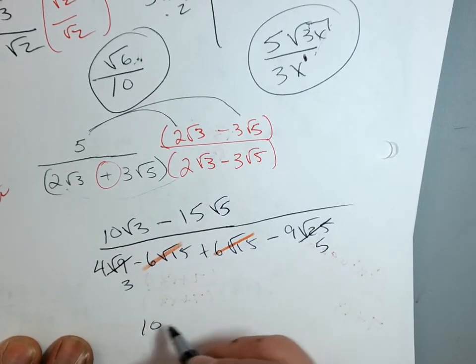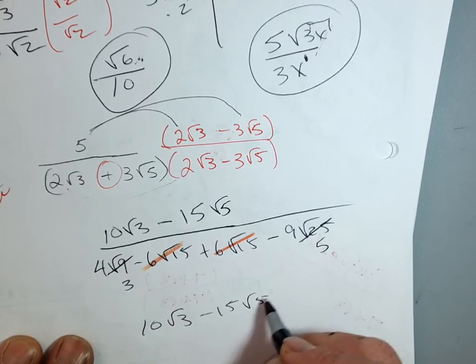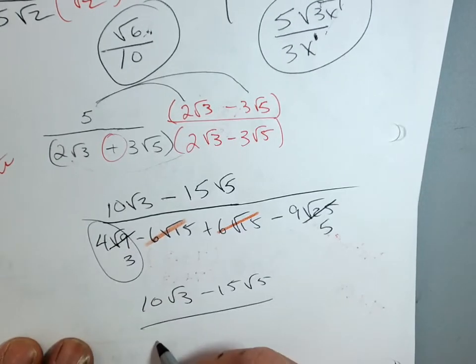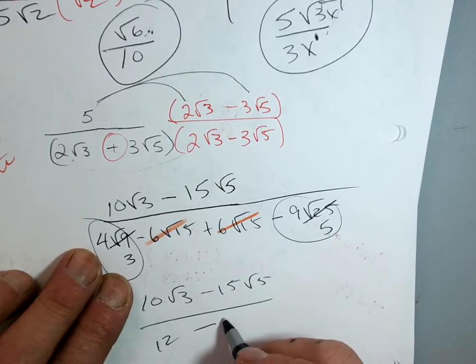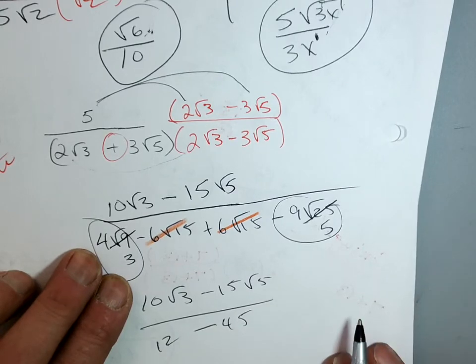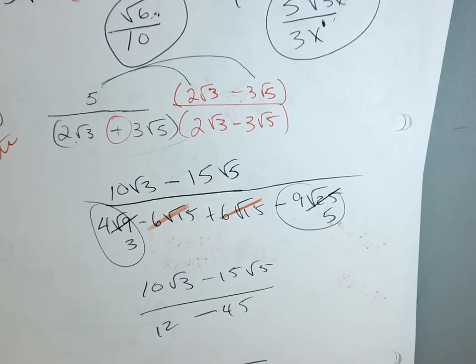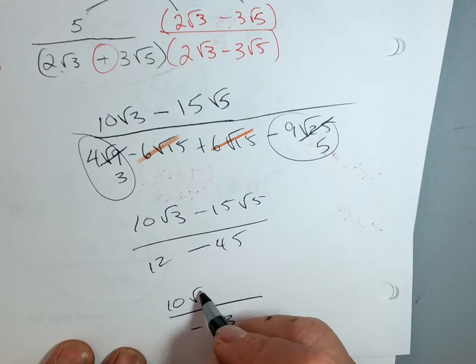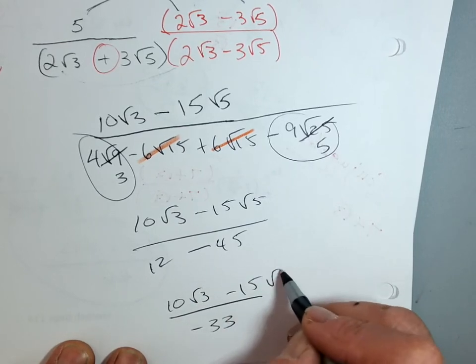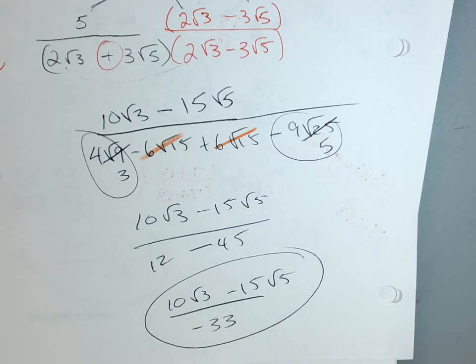I got 10 square roots of 3 minus 15 square roots of 5 over 12 minus 45. 12 minus 45, what's that, a negative 33? And on the top, the numerator, I get 10 square roots of 3 minus 15 square roots of 5. Square roots on the bottom? Nope, it's gone, right? No more. Okay, that's it.